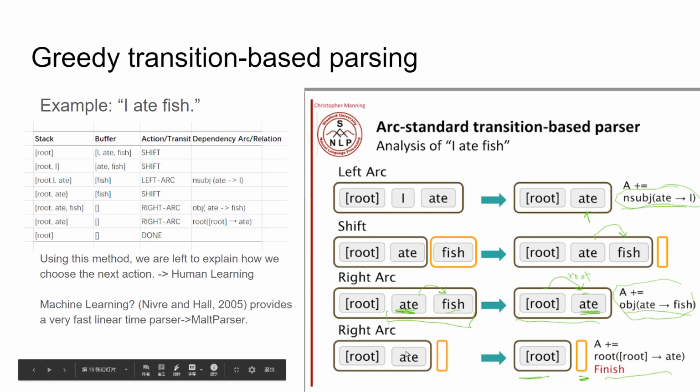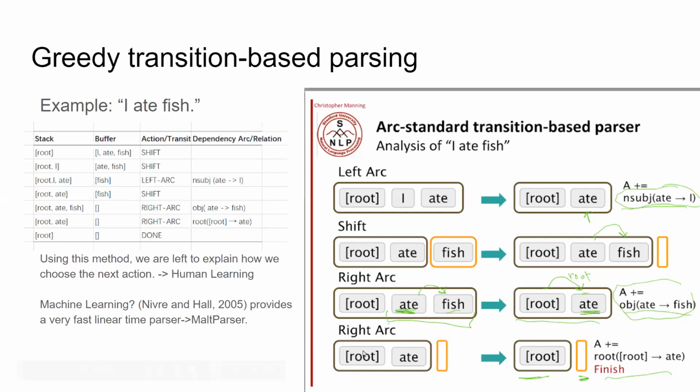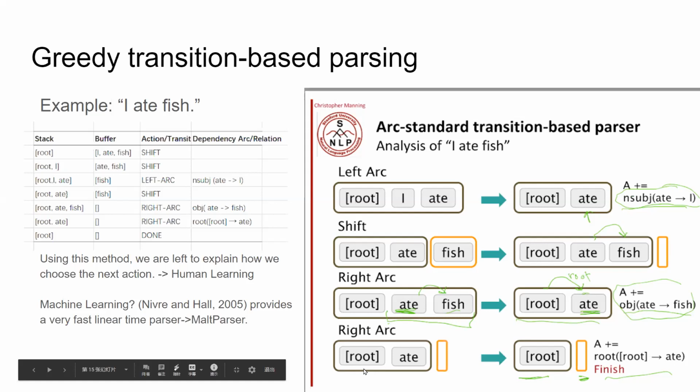So how do I deal with this stack, 8 and root? So root is like growing in the stack. It can't be removed. It's a rule here. So we want to remove the 8 word from the stack. So what is the action? It's right arc, right?